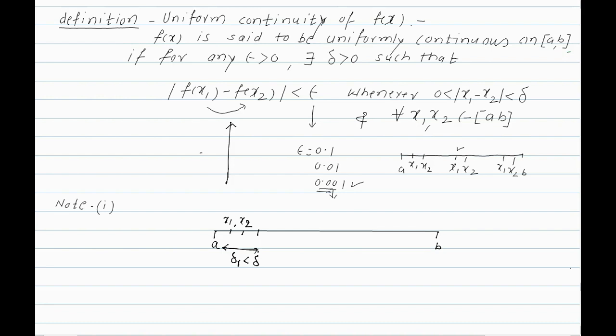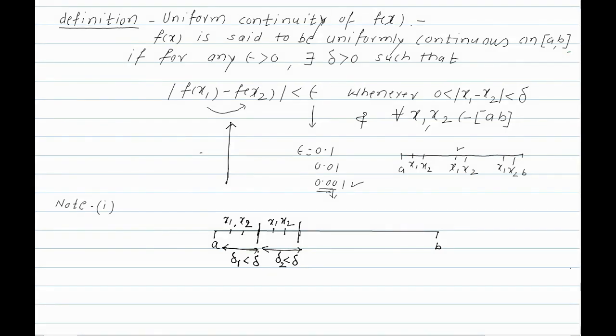Suppose next interval is this, and its length is delta 2, and delta 2 is also less than delta, and if you select any 2 points in this interval, then from the definition of uniform continuity, difference between values of the function at these 2 points is very small, or it is less than epsilon.